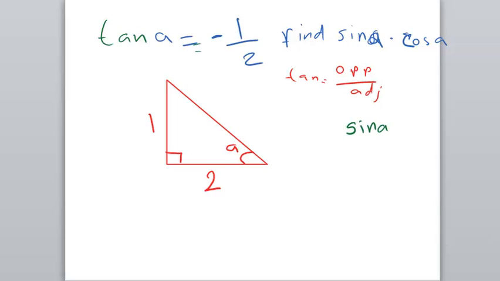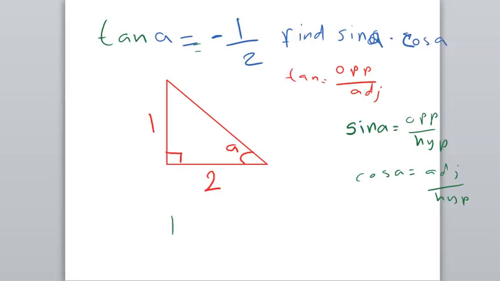Sine A would be equal to opposite over hypotenuse, and cosine A would be equal to adjacent over hypotenuse. So what would this mean? We must first find the hypotenuse. You must know the Pythagorean theorem.